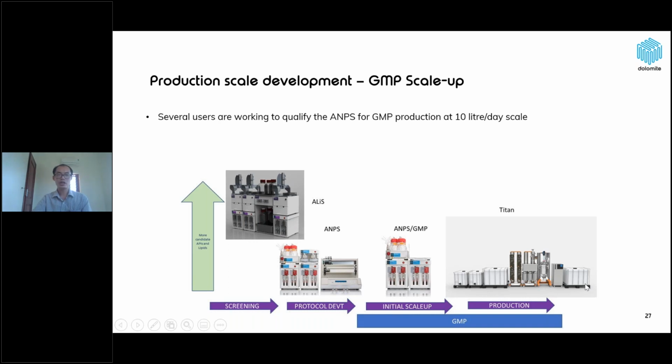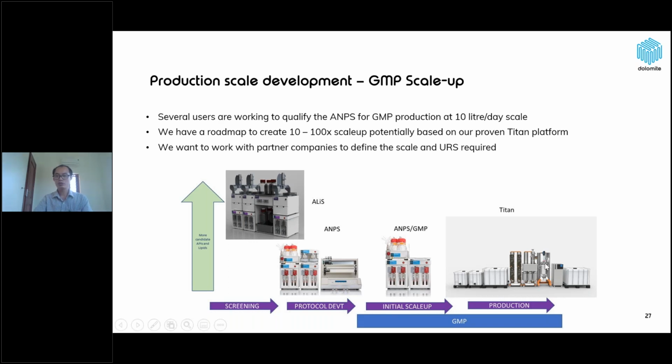Several users are now working to qualify the automated nanoparticle system for GMP production at 10 liters per day scale, and we have a roadmap to create 10 to 100 times that scale, potentially based on our proven Titan platform. We want to work with partner companies to define the scale and UI as required.